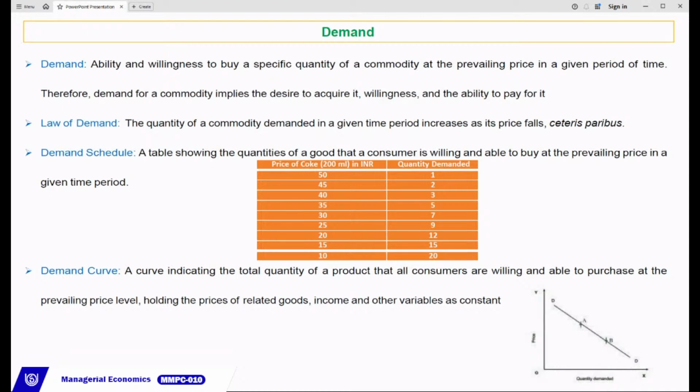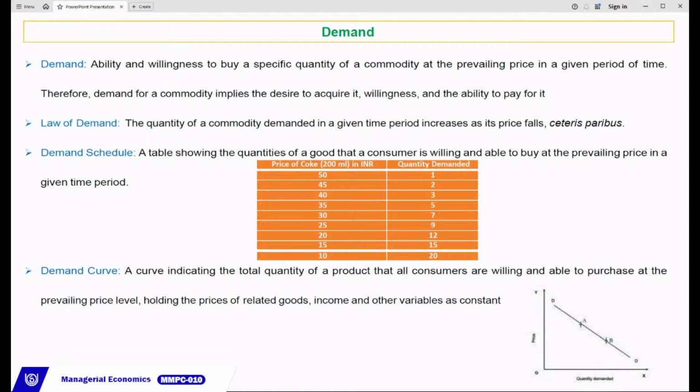According to the law of demand, which says there is an inverse relationship, the demand curve would be downward sloping.